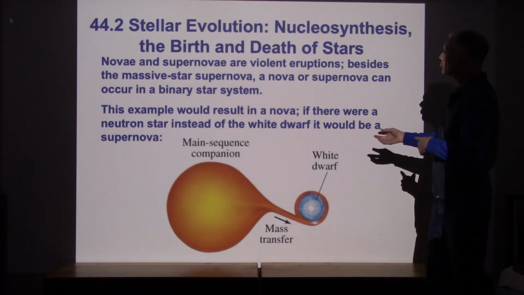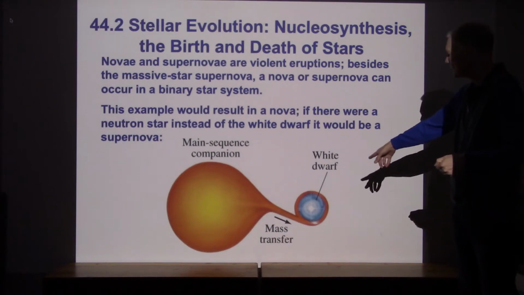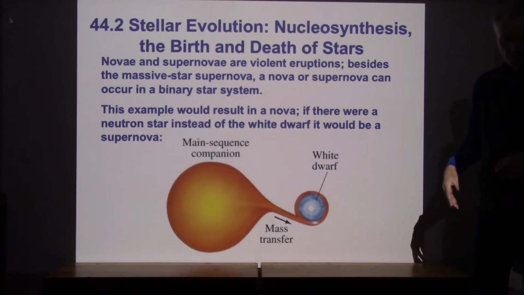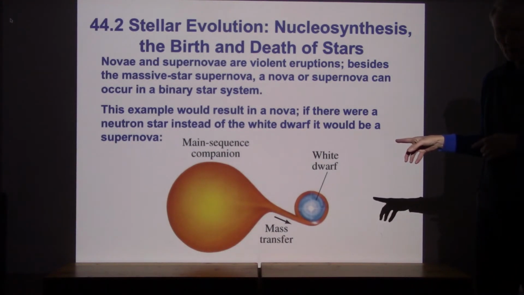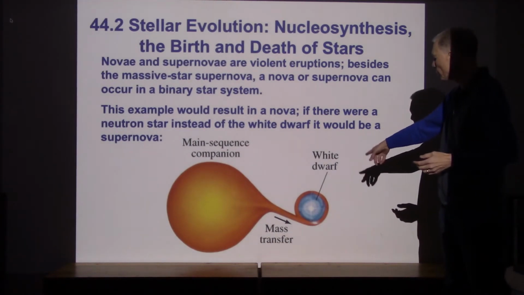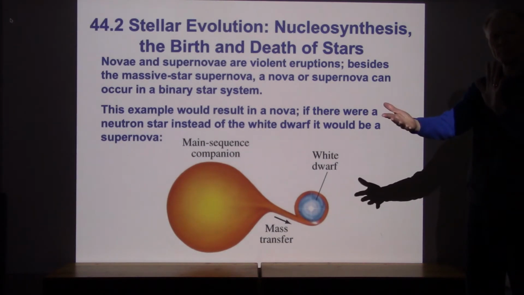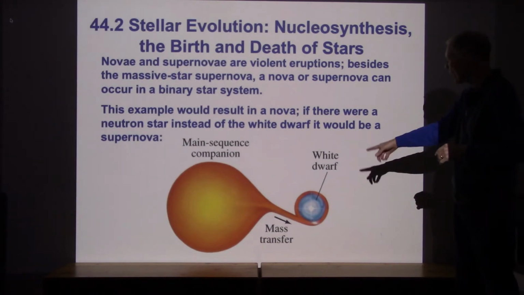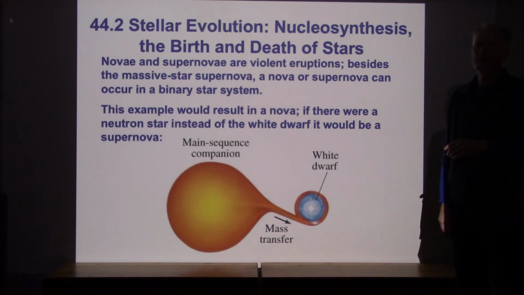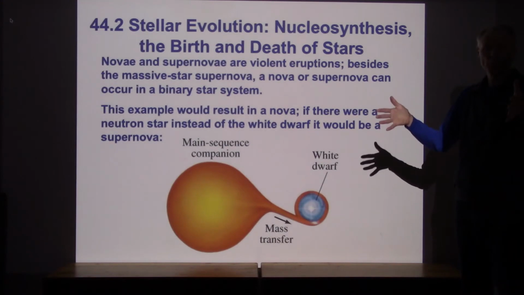Now, this is referred to as a type 1A supernova, and it's a really handy observational object for us. The reason why is these supernovas have a characteristic energy versus time profile, and they always supernova with the same amount of energy. So these supernovas are always the same brightness.